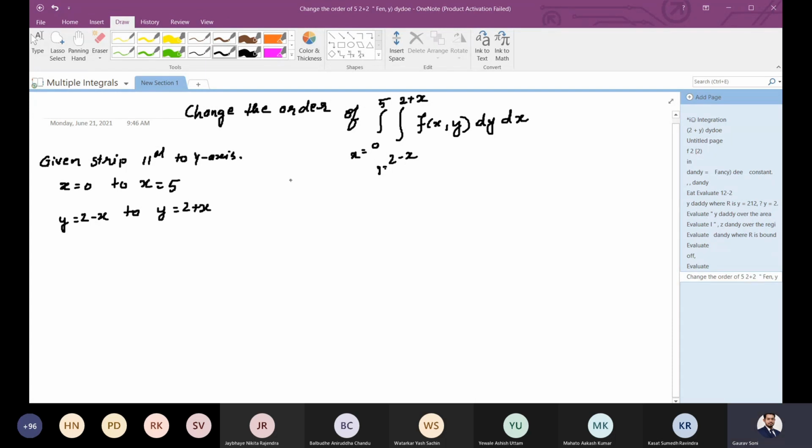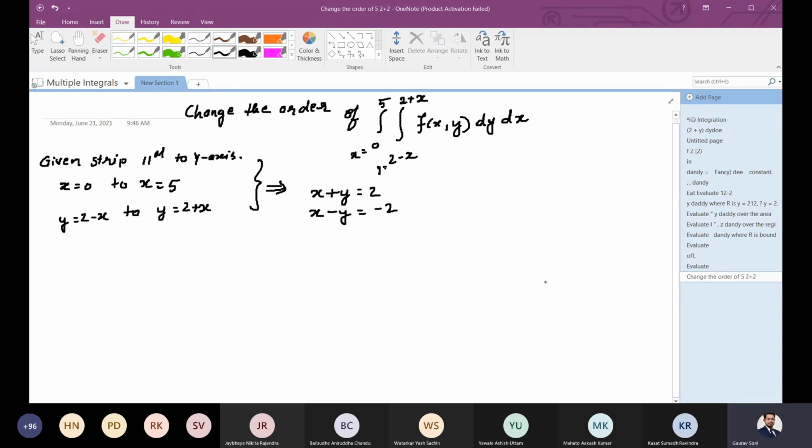Just for simplification, I'll make the simplified equation of the two lines. One is x plus y equal to 2, and the other one is x minus y equal to minus 2.